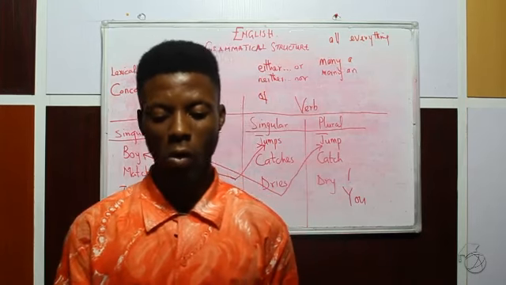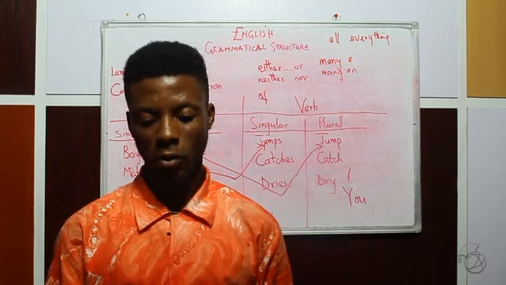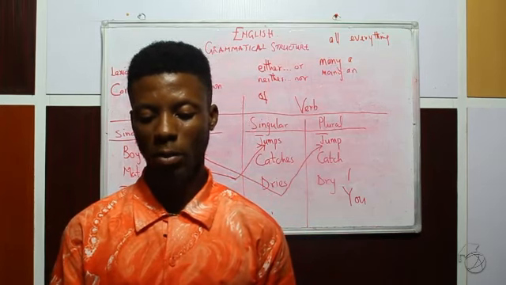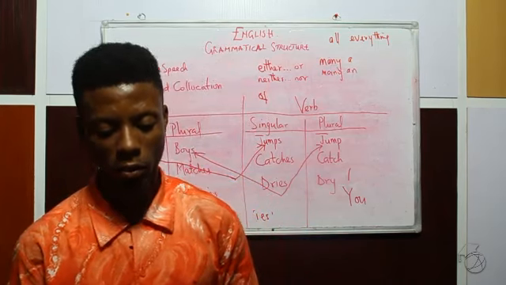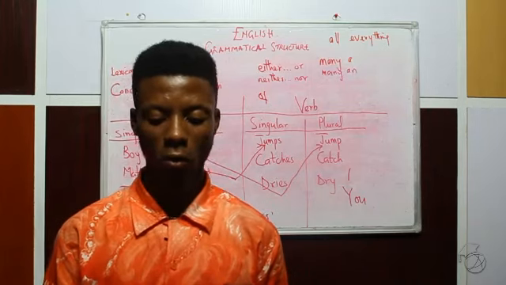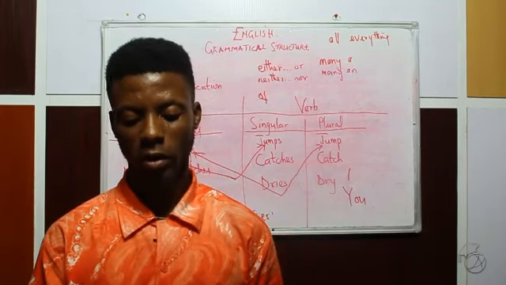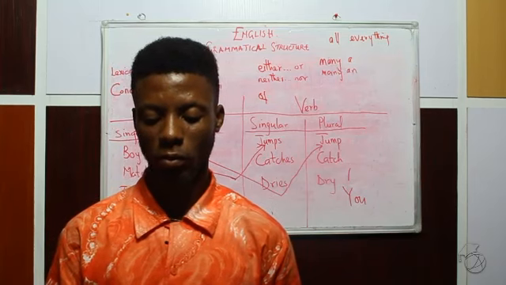Example: all want to travel abroad, not all wants to travel abroad. All in this sentence refers to people.